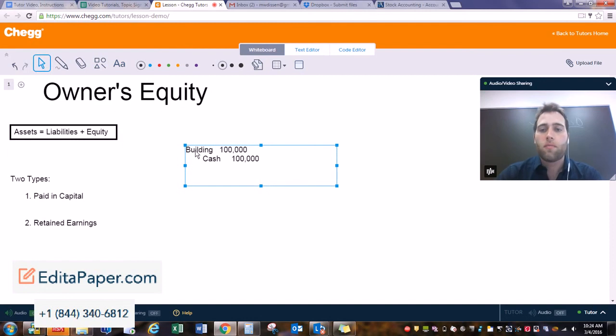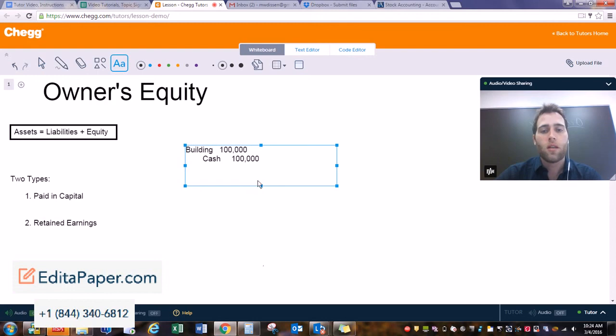Well, building is an asset, so that went up by $100,000. They got a new building, and they paid in cash, which is also an asset. So an asset went down by $100,000. So you'll see that assets goes up and then goes back down. So that doesn't affect equity at all. Equity stays the same. It's exactly where it was when we started.